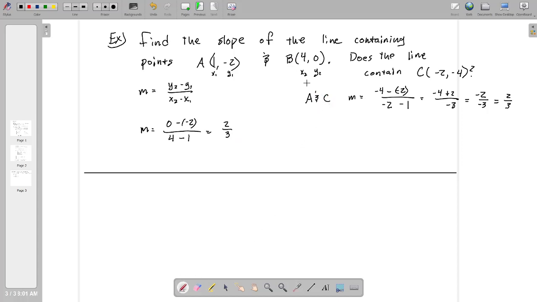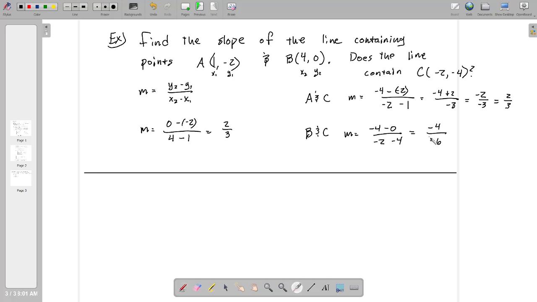Now, I also want to do C and B just to show you the reduction. So here's B and C. This will be negative 4 minus 0 divided by negative 2 minus 4, using this as x2, y2, and this is x1, y1. Negative 4 minus 0 ends up being negative 4, and negative 2 minus 4 is negative 6.